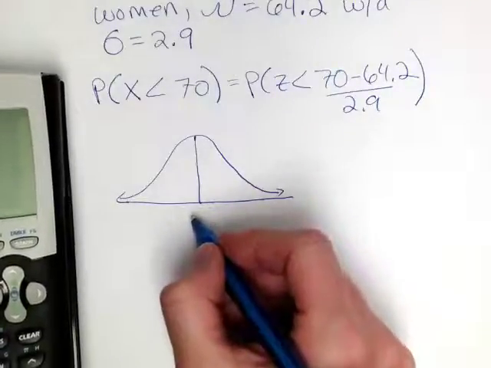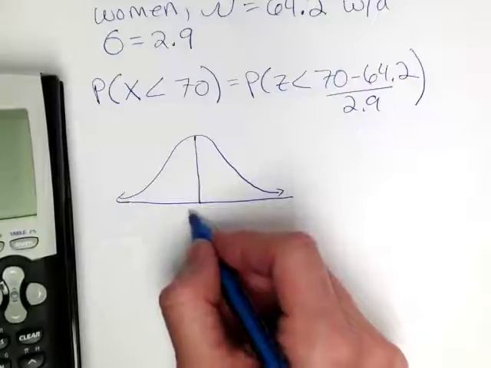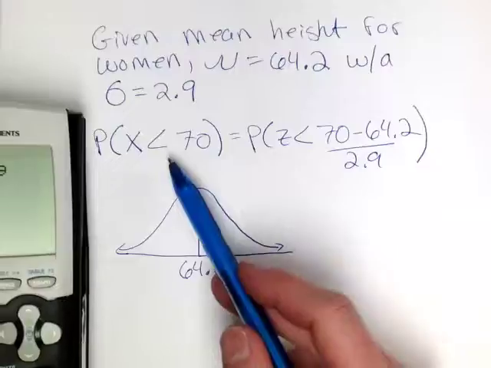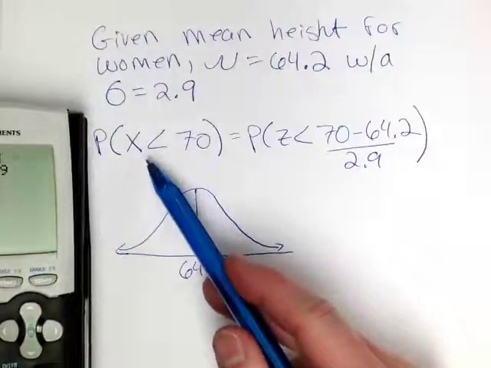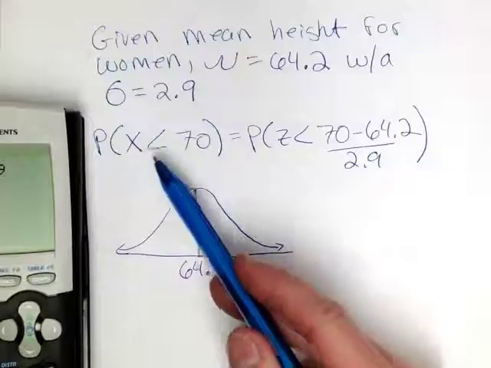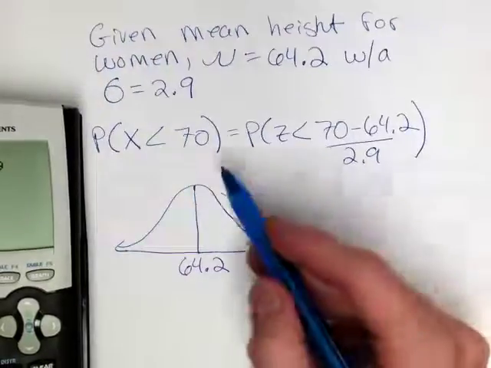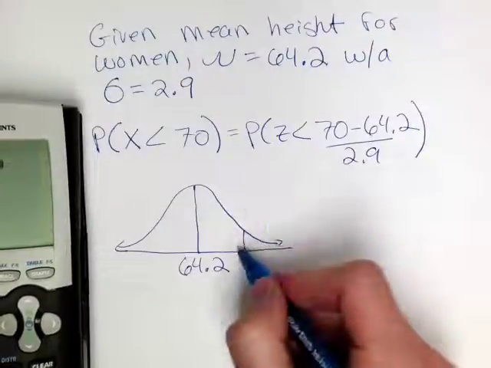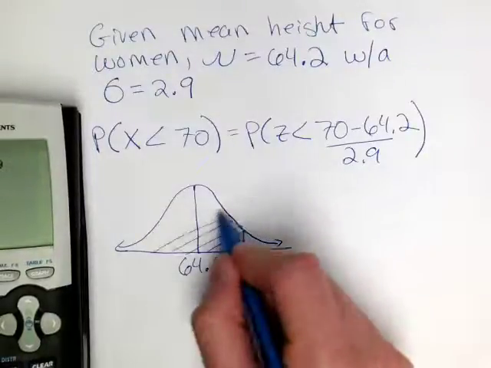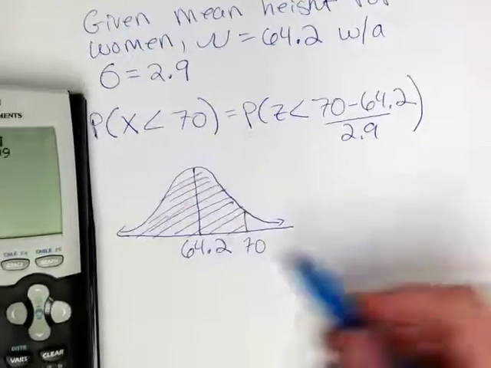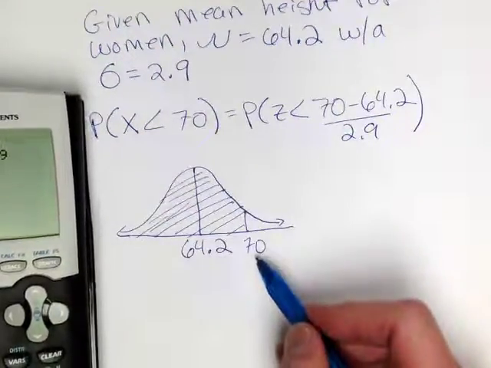The population mean was given to be 64.2. We're looking for the probability that a single woman selected has a height less than 70 inches. Well, 70 is above 64.2, and so I'm looking for this area here.